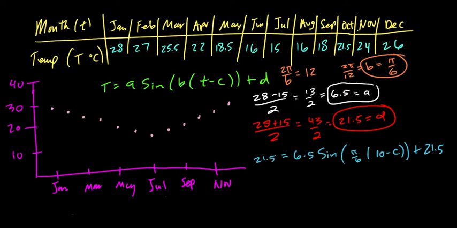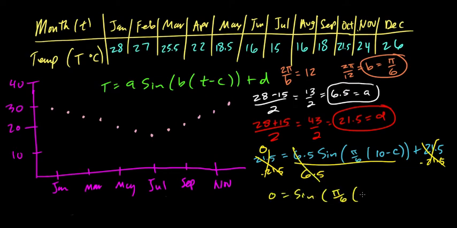All right, so we just need to solve for C now. So 21.5 minus 21.5 is going to be a 0. Then if we divide by 6.5, that's still going to be a 0. So 0 equals sine of pi over 6 times 10 minus C. Okay, if we take the inverse sine of 0, that's still going to be 0.